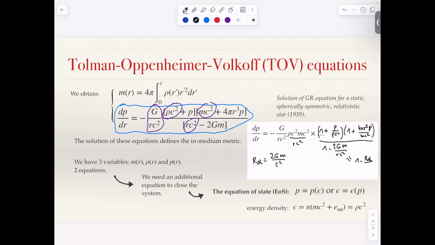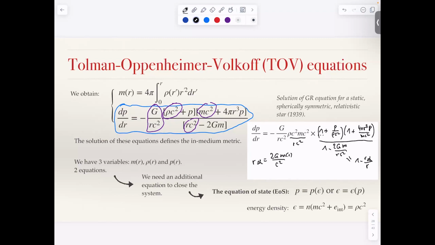This is why I put a small m. Maybe I should call it a small Schwarzschild radius. And of course, if I take small r equals the radius of the star, then I recover this quantity.